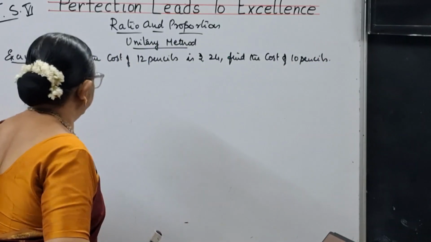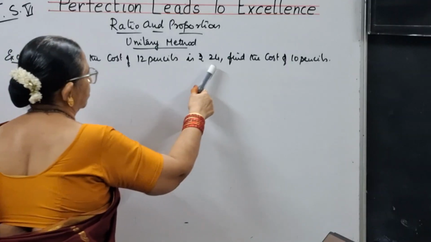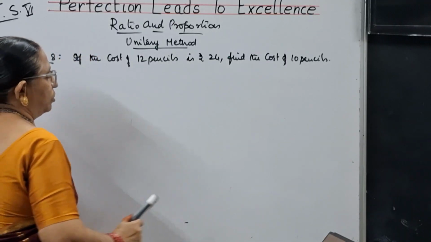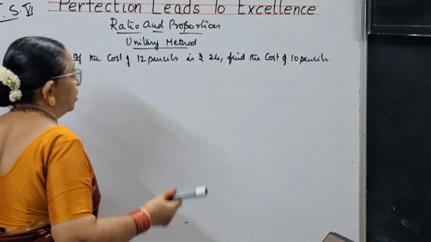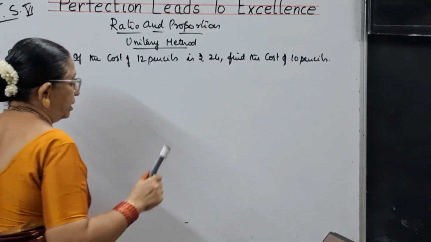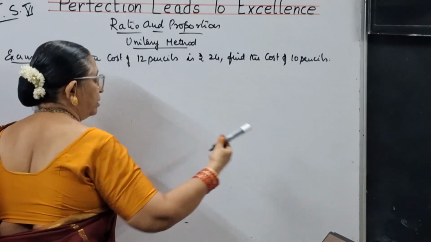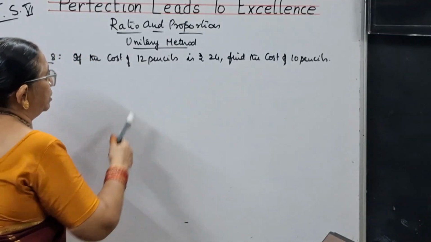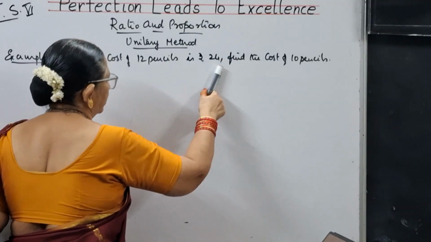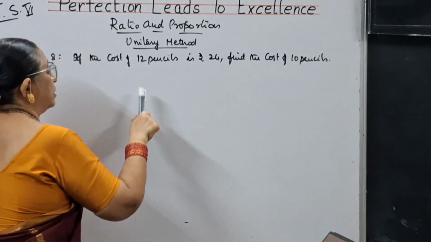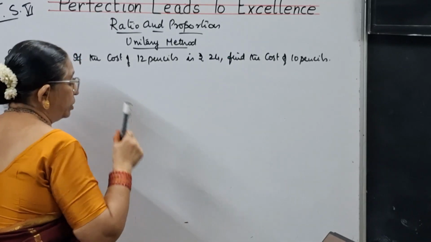See here, you have got 12 pencils cost 24 rupees. So to know 10 pencils cost, first you should understand what is the cost of one pencil and then multiply that by 10 to get the answer. That means whatever is the value that you are getting, you are converting it into single item, unit item.